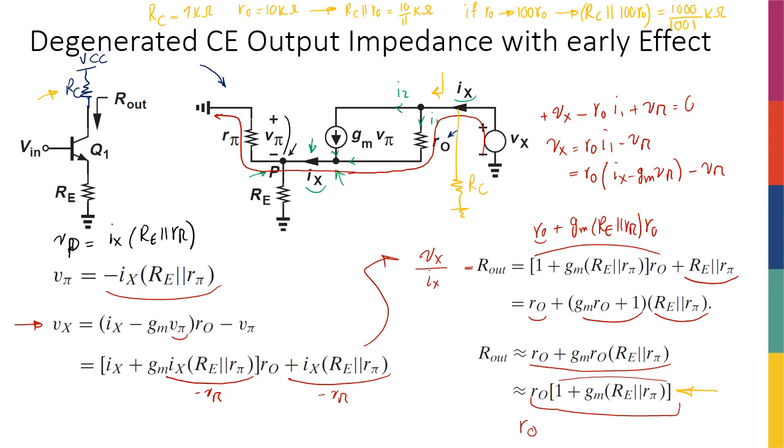Then this would have been really, really bad news. Okay, so these are just some practical perspectives that I wanted to communicate to you. At the end of the day, what we want to learn from this slide is how to calculate the output resistance. What's the expression of the output resistance of a common emitter with degeneration, so that you know it and you can actually use it in your design questions or analysis questions.